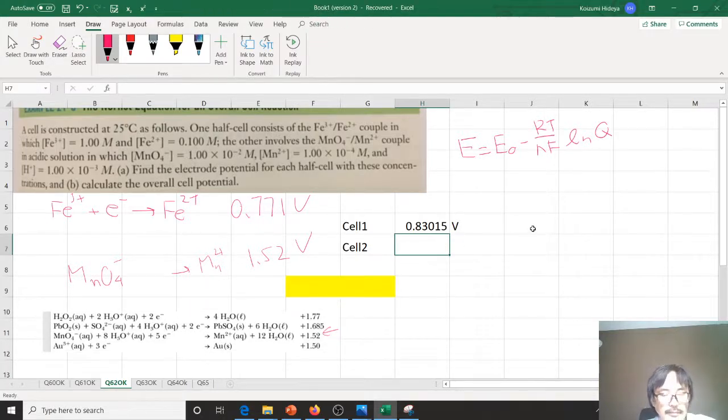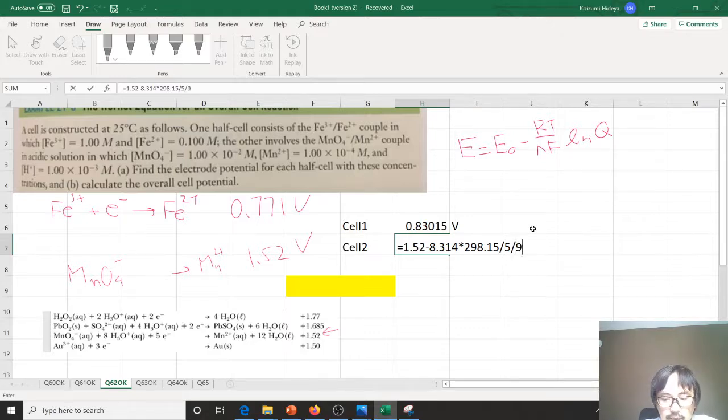Now E equals E naught, which is 1.52, minus 8.314 multiplied by 298.15 divided by the number of electrons, that's 5, divided by 96500, multiplied by ln of the product over reactant.